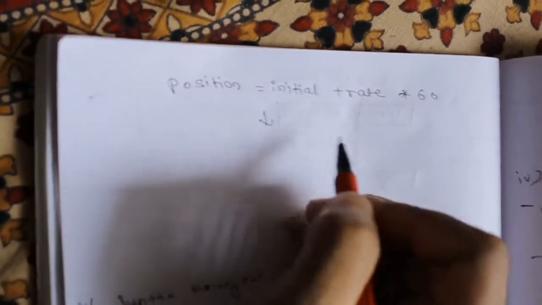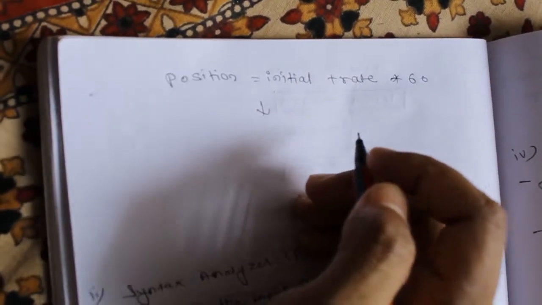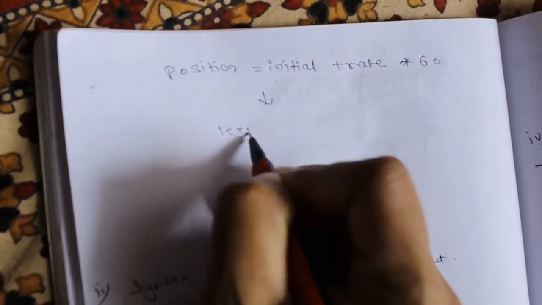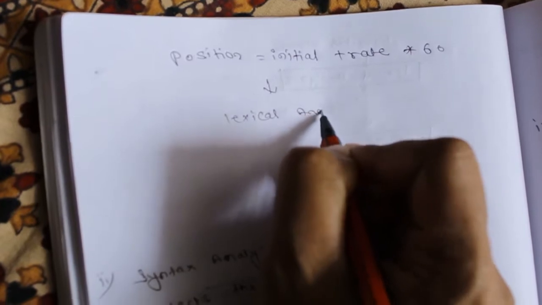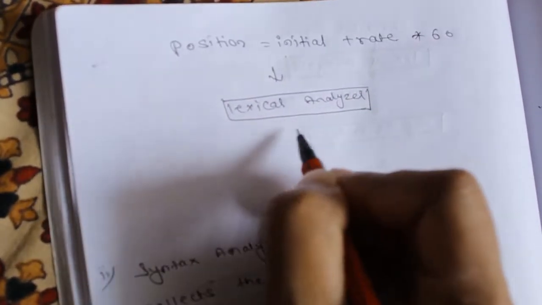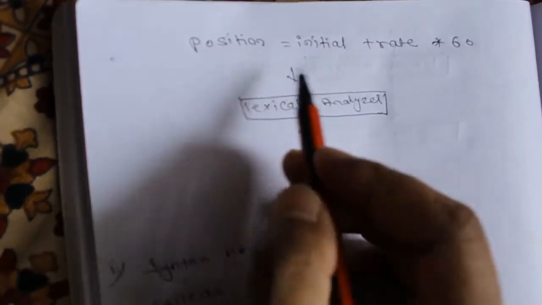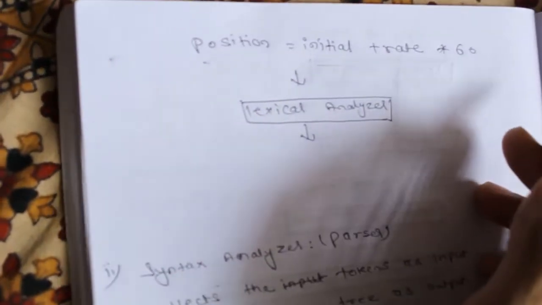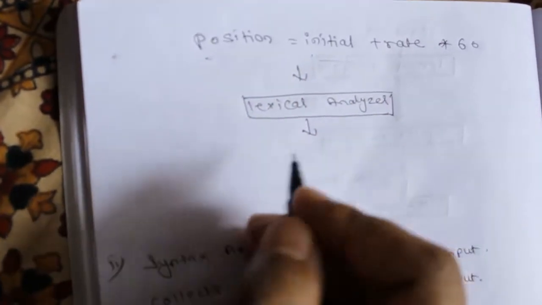Suppose this is our character stream, and we pass it through the lexical analyzer. Then the lexical analyzer processes these characters and produces the tokens.